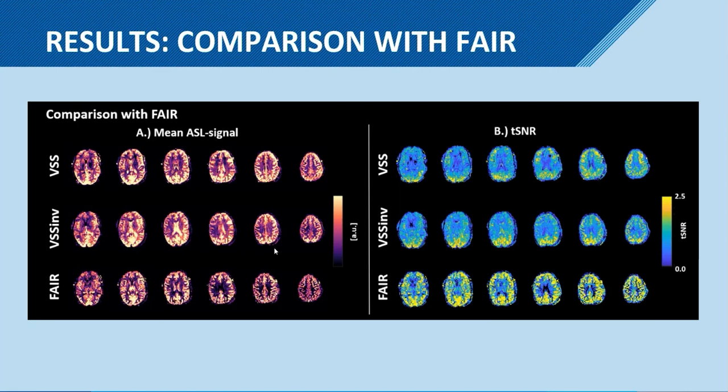But it's hard to say for me now if the more contrast between white matter and gray matter in FAIR comes from higher TSNR or that we are more sensitive indeed to white matter perfusion now with our velocity selective ASL. But I have to scan more subjects to be able to confirm that.